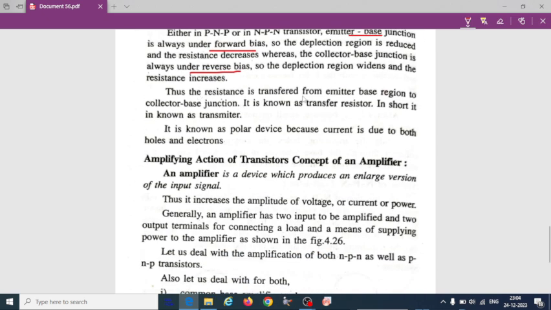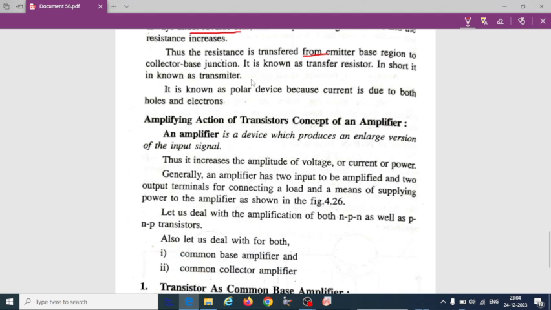Thus resistance is transferred from the emitter base region to the collector base junction. So it is known as a transfer resistor. That's why the name transistor. It is known as a bipolar device because current is due to both holes and electrons.